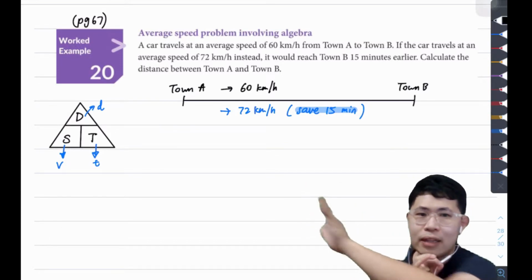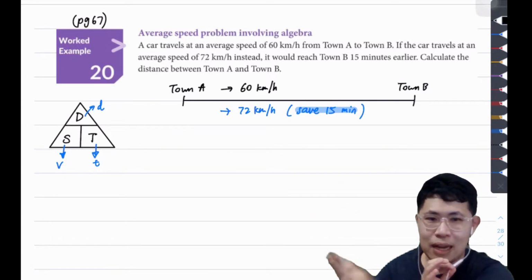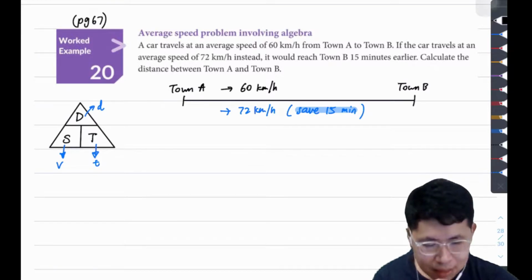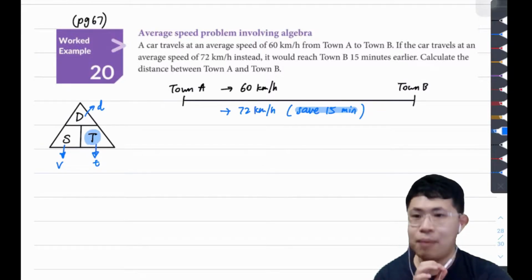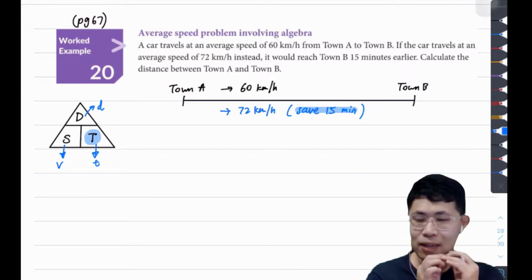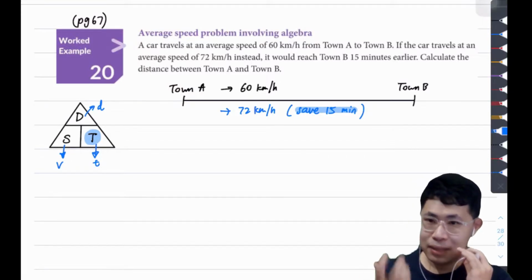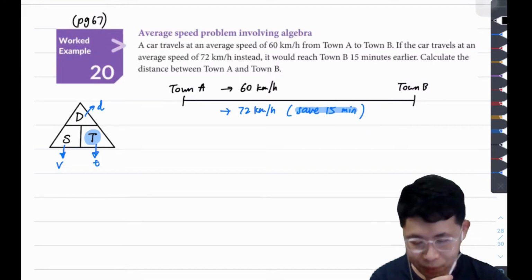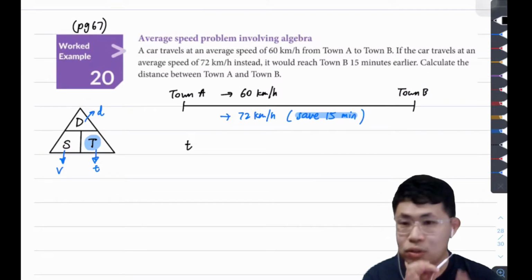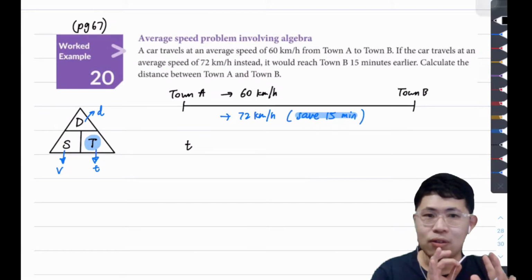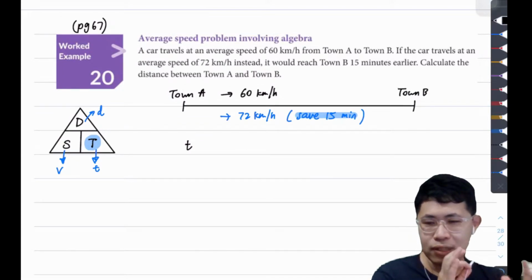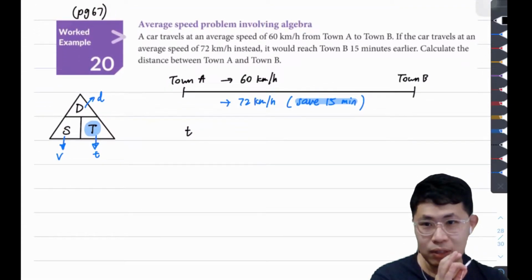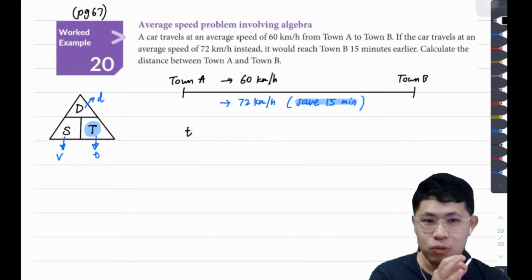If you look at the distance-speed-time triangle, it means we are going to look at time itself. So let us form an equation using time. We have two different speeds: a faster speed and a slower speed.